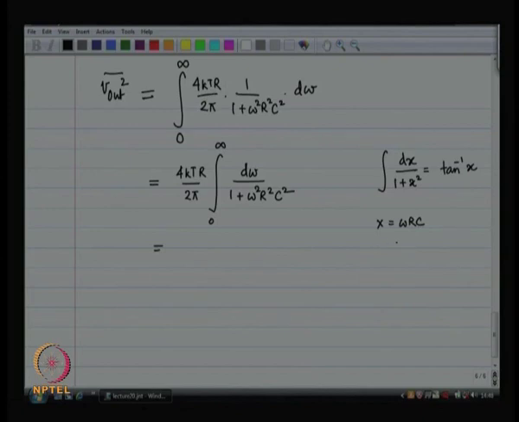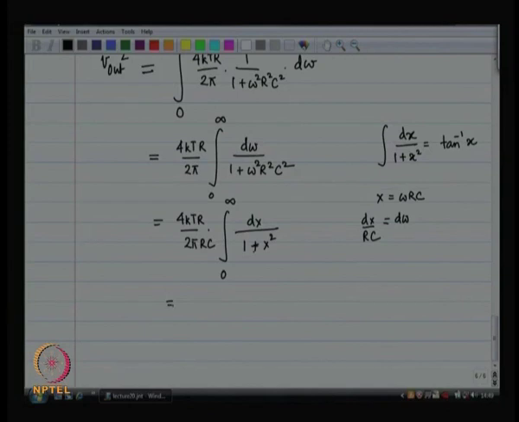So, if I make this substitution, then d omega will be dx by RC, and what that means is that this is what it means as far as we are concerned.